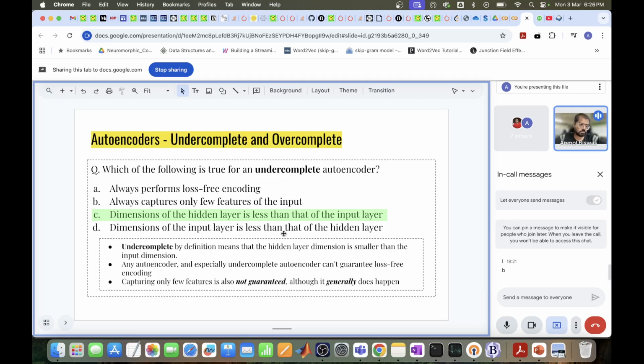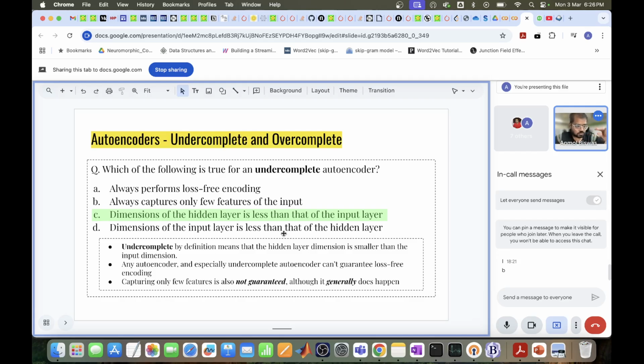The corollary of this, of course, is that you can think of an undercomplete autoencoder as a compression algorithm, right? You are compressing the input data into a smaller number of values. For example, if you have MNIST data, which is 28 by 28 images, that is 784 values, and then you compress it to, let's say, 50 values.